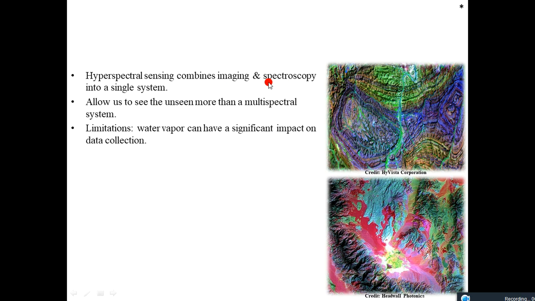As I already told you, the way a prism breaks the white light into various bands, likewise it uses the imaging and spectroscopy technique. But there is some limitation. If there is water vapor, it can cause significant impact on data collection, because water vapor will also absorb the EME which is reflected from the surface.